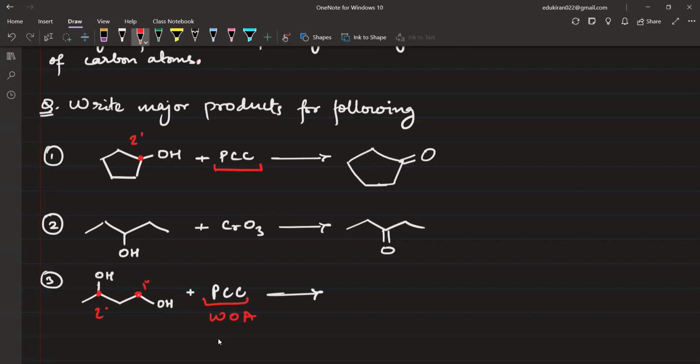So 2 degree will get converted to ketone, and the 1 degree will be converted to CHO. Hafsa, you have written like this, that is also fine. So this carbon atom will have 1 hydrogen, so it is again CHO, same thing. Mariam Khatun and Aisha, you understood this? Yes, sir.